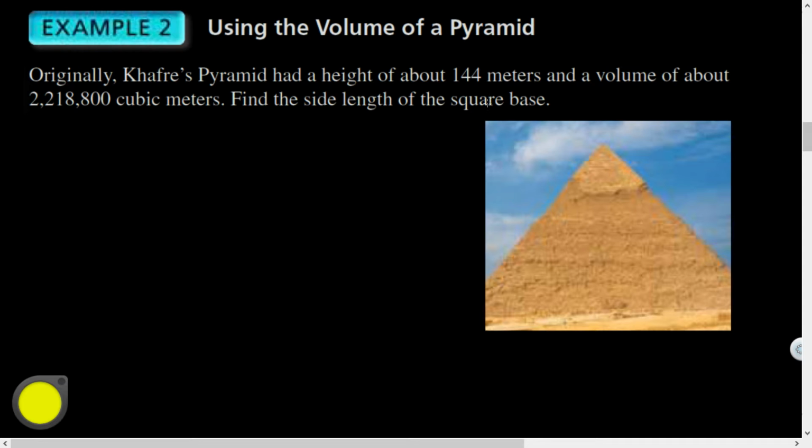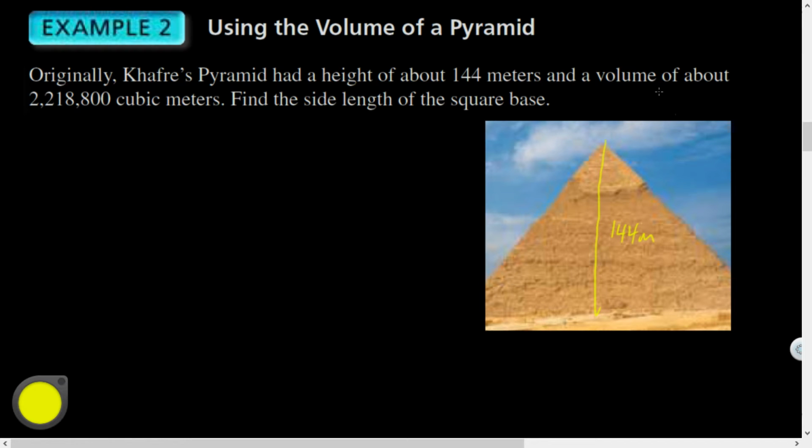I don't know. But anyways, originally Khafre's pyramid had a height of about 144 meters. Maybe. Actually, on the enrichment activities, there is the idea of a truncated pyramid, and you can calculate those volumes as well.